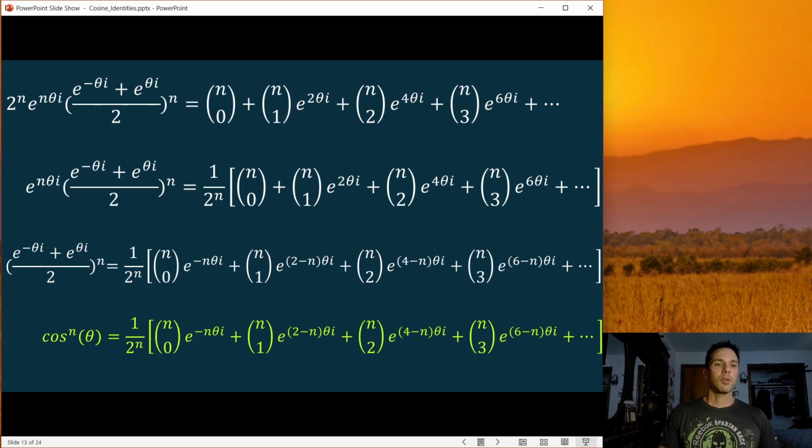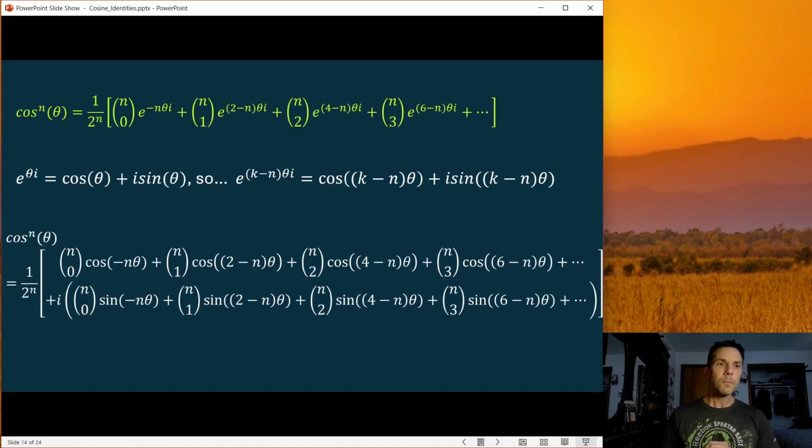We have it all in terms of the exponential, which we don't want, right? We want it in cosine terms or sine terms. So we will take Euler's identity, and we're going to kind of fix it up a little bit where we have e to the minus n theta i.